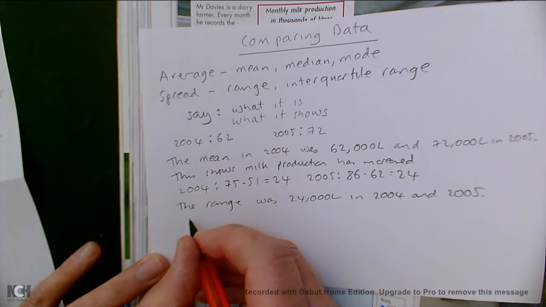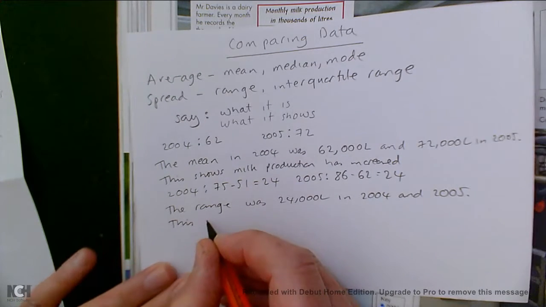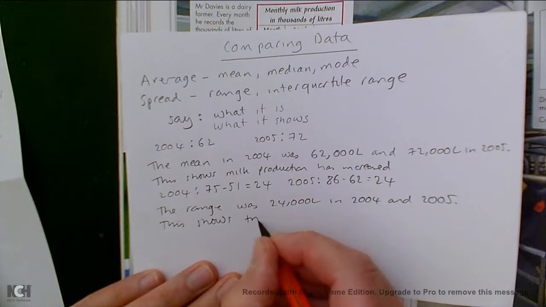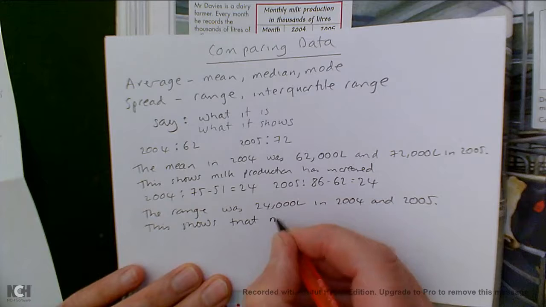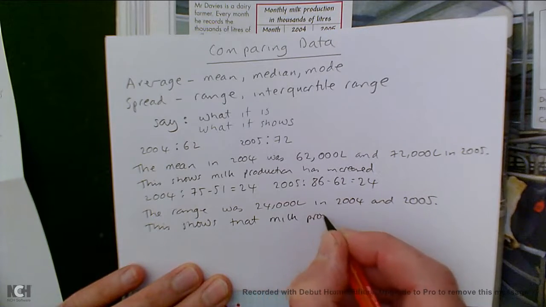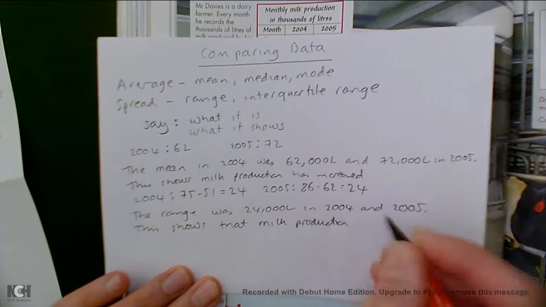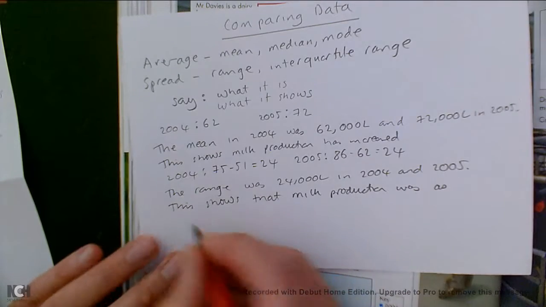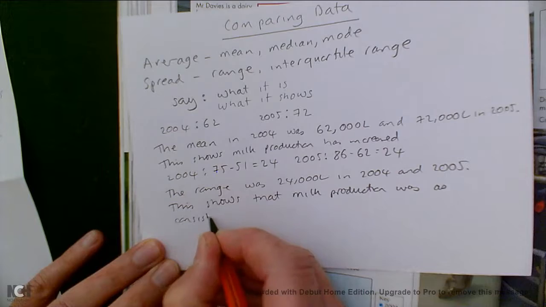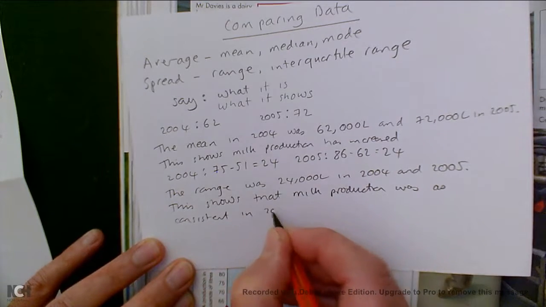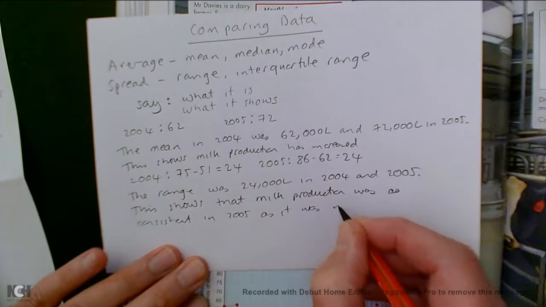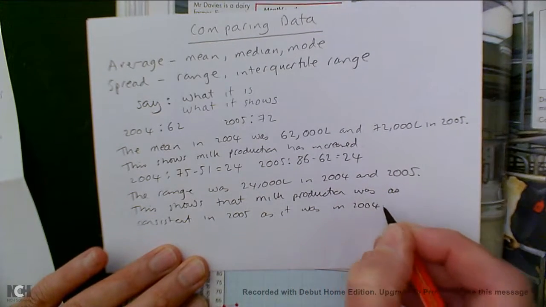So I can say this means, or this shows, that milk production was as consistent in 2005 as it was in 2004.